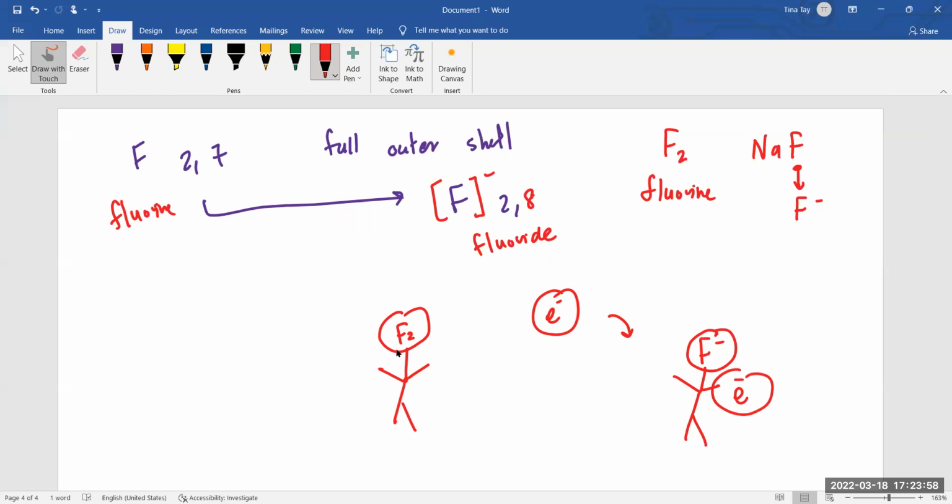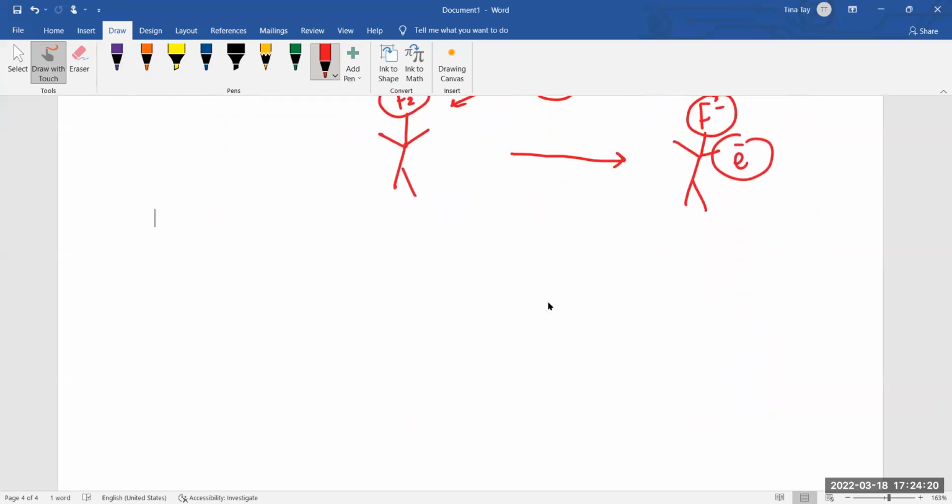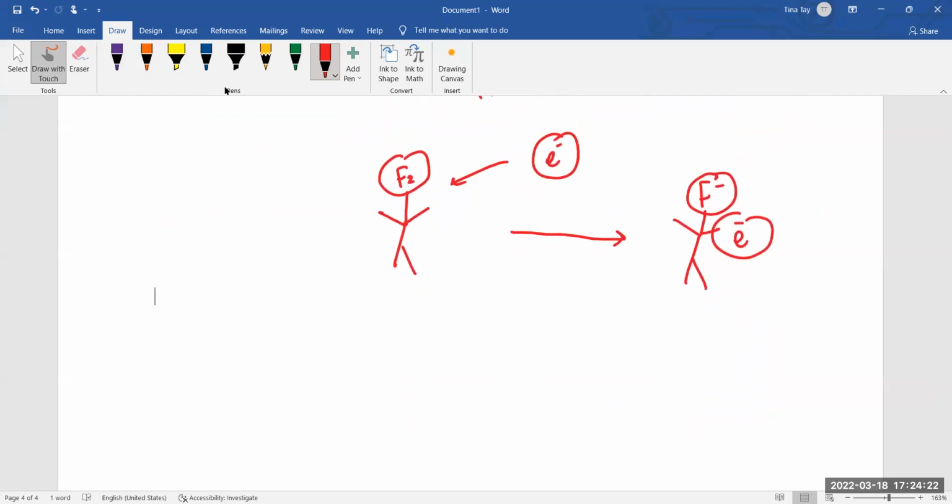So this one is a fluorine molecule, haven't received electron. After it receives electron, it becomes a fluoride. Now, why is this important? This is very important. You must know the difference between molecule and ion. There's a very big difference.